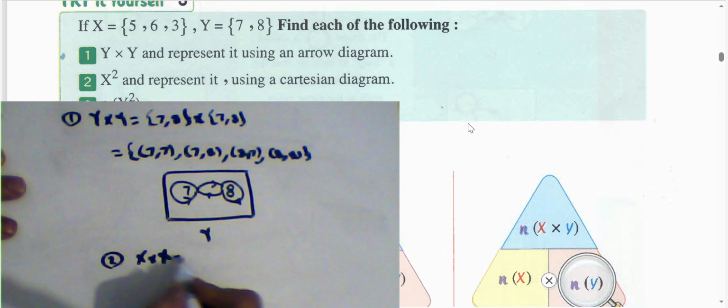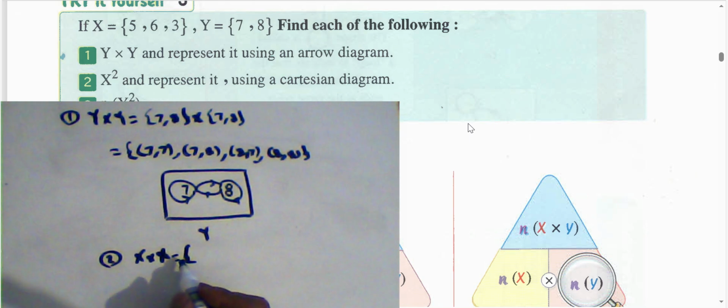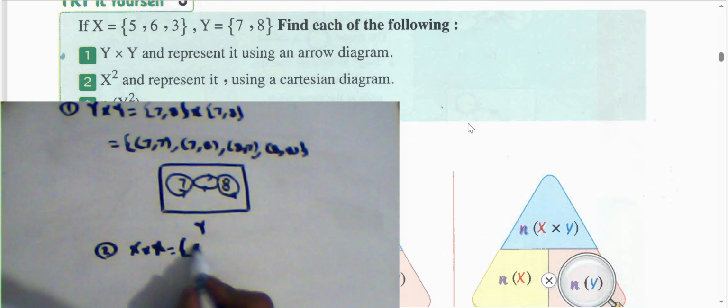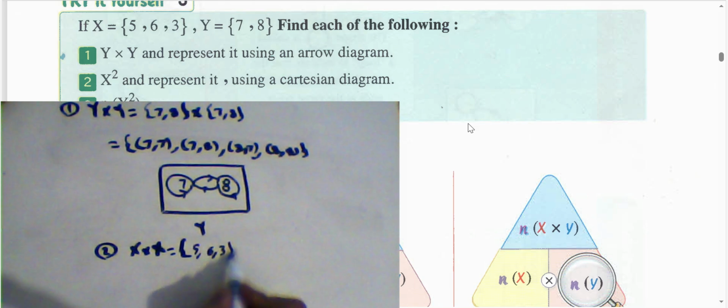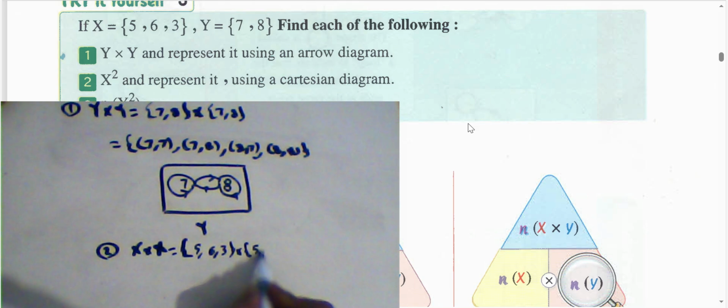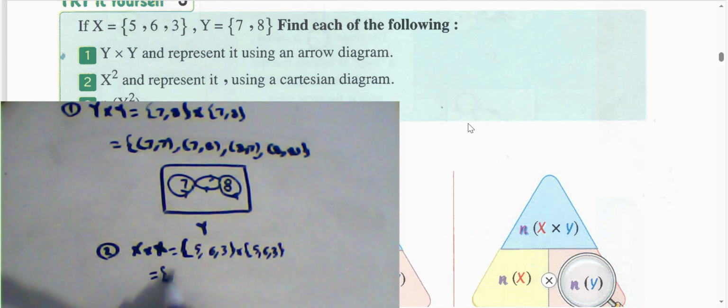For x product by x, we can write the elements of x, 5, 6 and 3, product by itself, 5, 6 and 3. The first 5 is 5 with 5, 5 with 6, and 5 with 3.